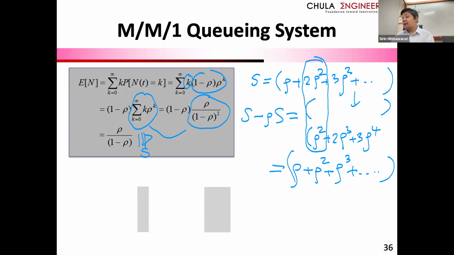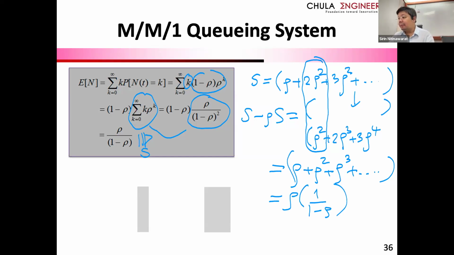But you already know what this sum is. It's the same sum that we encountered. You take rho out, and it will just be this geometric sum of the power of rho. That is 1 over 1 minus rho.